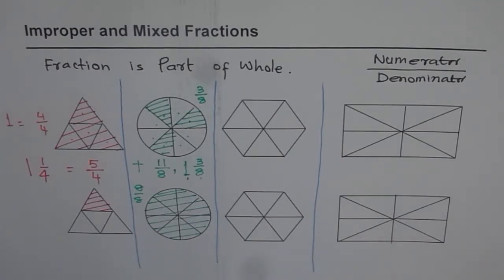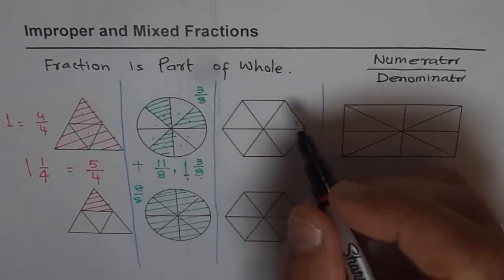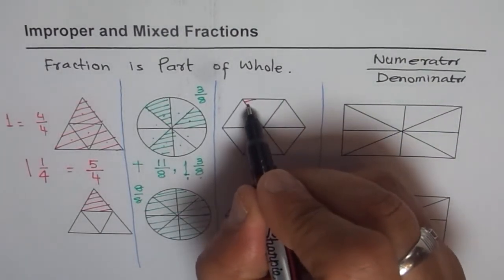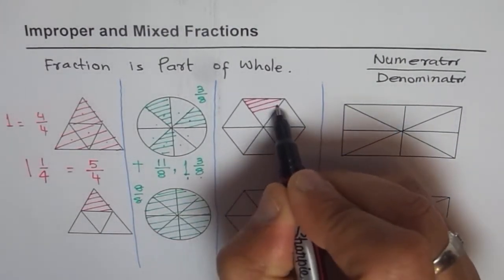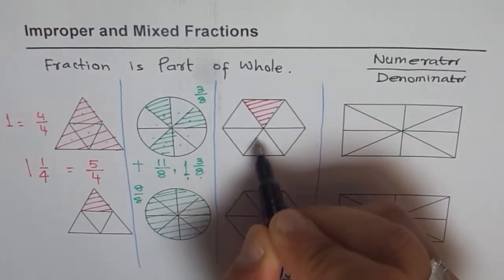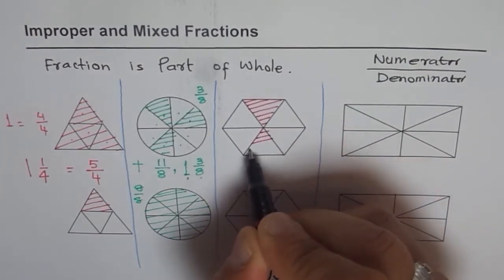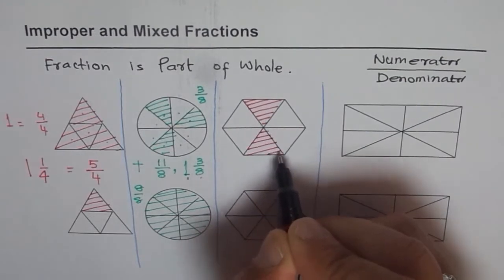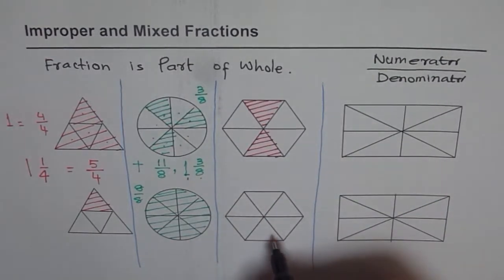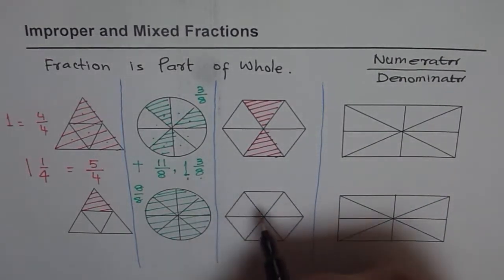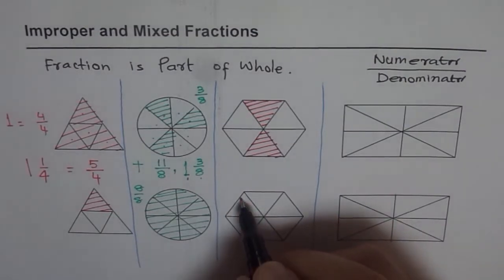Let's take one more example. Now this time I will shade 2 of these. And in this case, let me shade all of them except 1. So I'll leave 1 and then shade all of them.